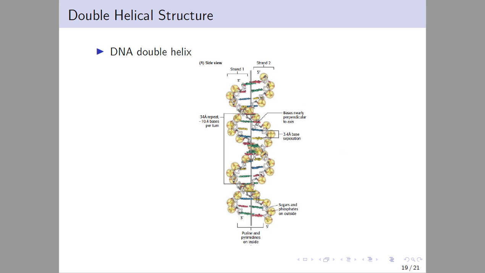Okay, so the double helical structure. So what is encrypted? The DNA double helix. Okay, so we have strand number 1 and strand number 2. We can see that it will form the hydrogen bond, the phosphate bond, the sugar, these are phosphate, the phosphodiester bond, and some other bonds.